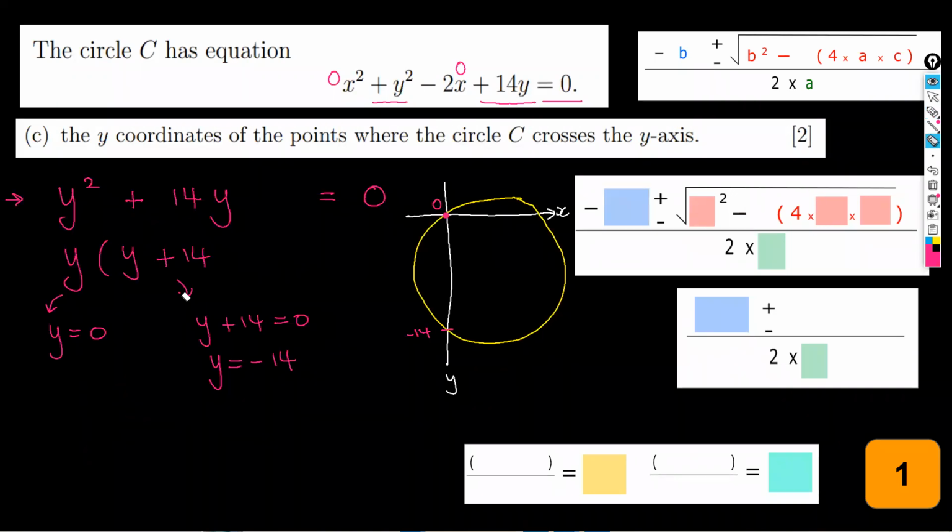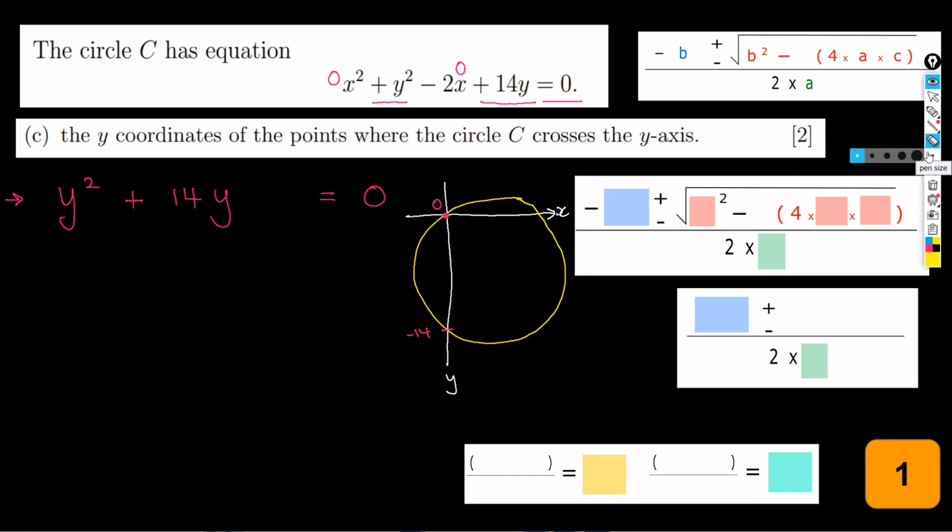The answer is no, it does not have a c value. That just means we have to assume the c value is 0. So we know over here is a 1. So A is 1, B is 14, and C is 0.